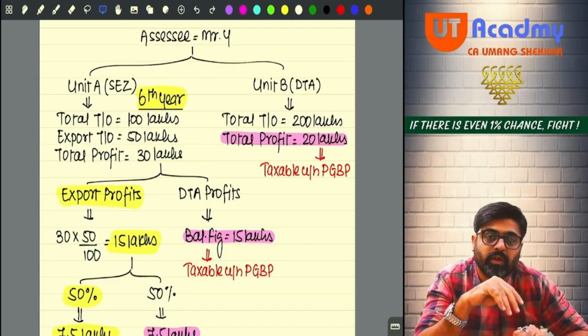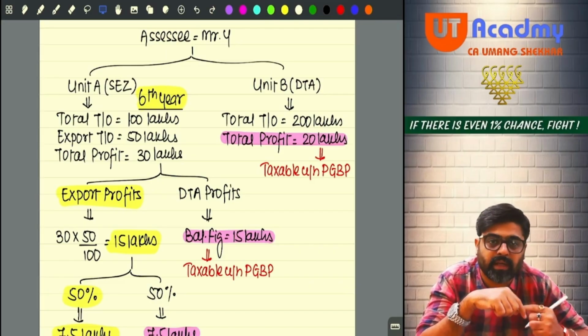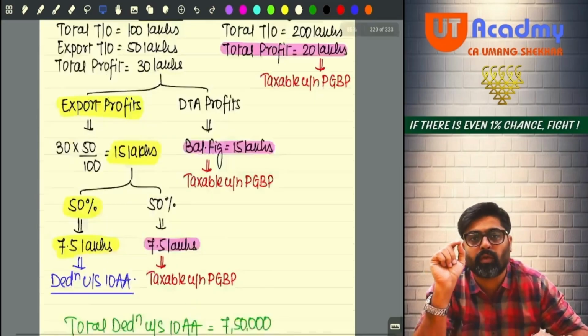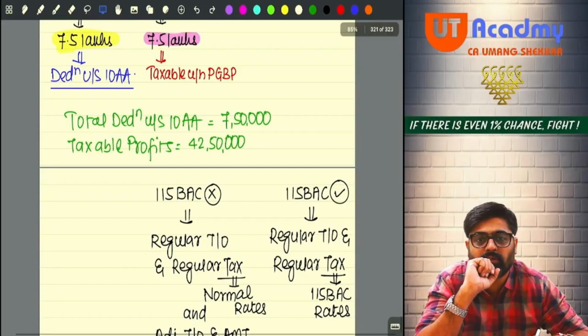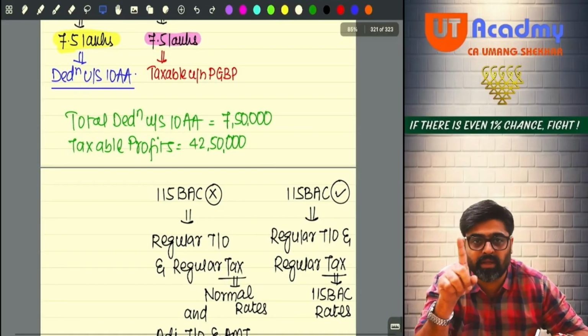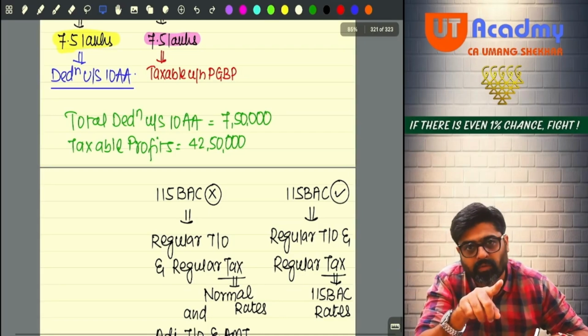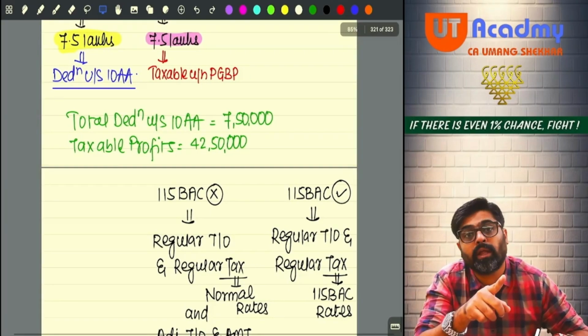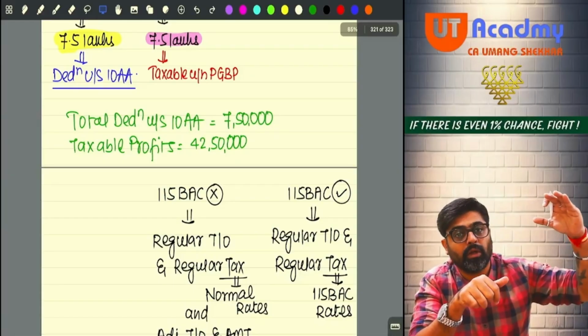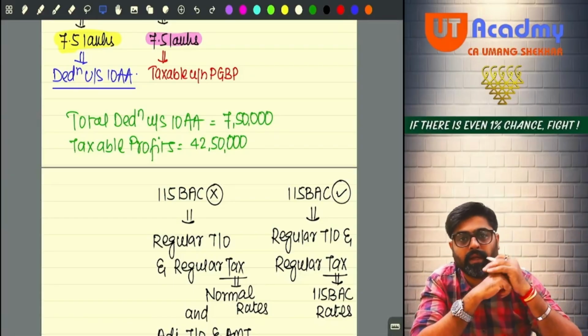But on how much profit are you paying tax? Are you going to pay tax on the entire profits? No, you are going to pay tax only on 42.5 lakhs. 7,50,000 still earned by you as profit will be there in your hands. But are you paying tax on your entire profits? No, out of 50 lakhs, only on 42.5 lakhs you are paying tax.